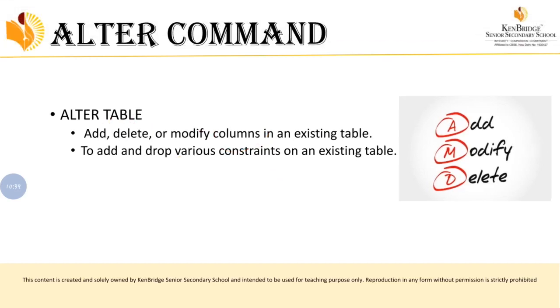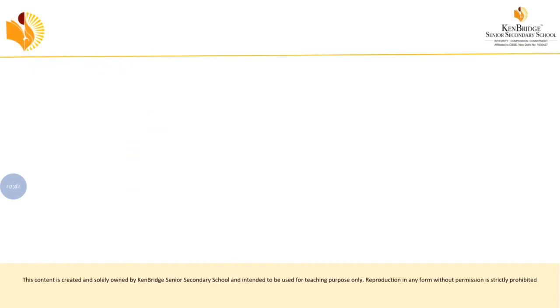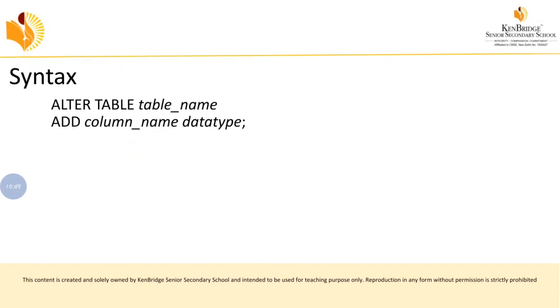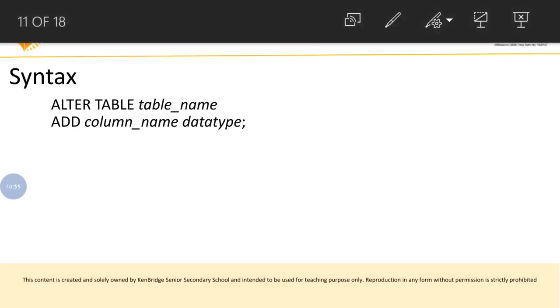So let's see the syntax and example for this alter command. The syntax for the alter command is alter table, table name, add column name and data type. Alter table is the syntax for the alter command, and the table name, whichever table you are going to perform that operation on, you have to mention here. And what alteration are we going to make?